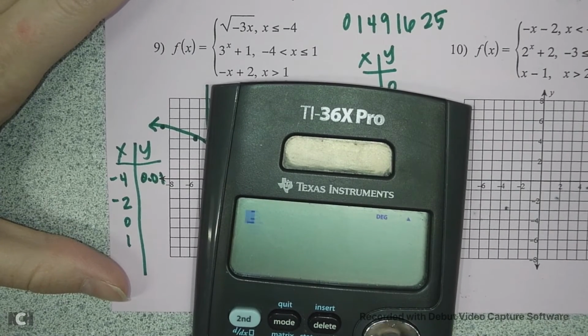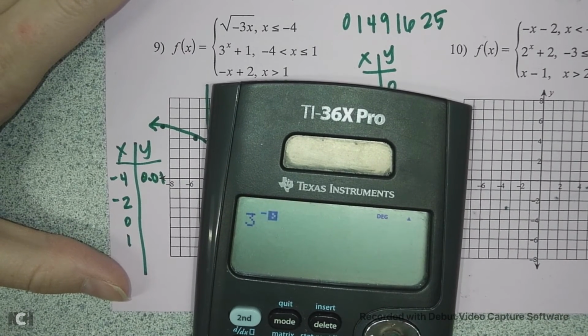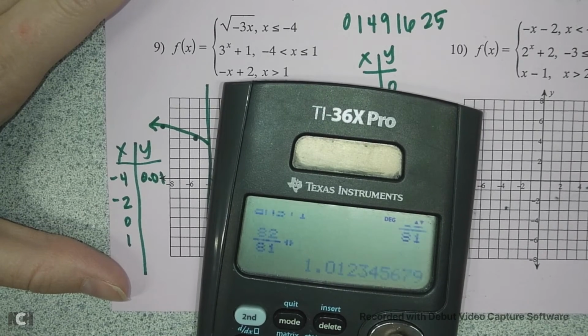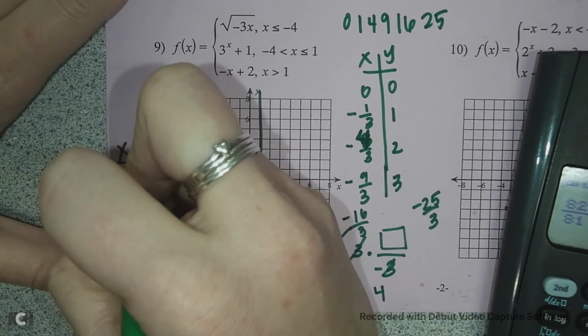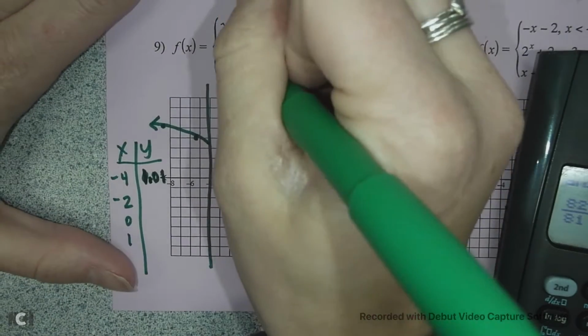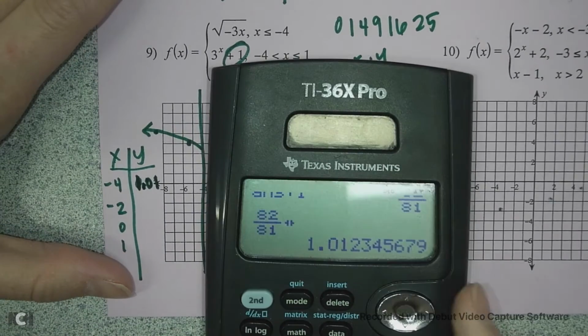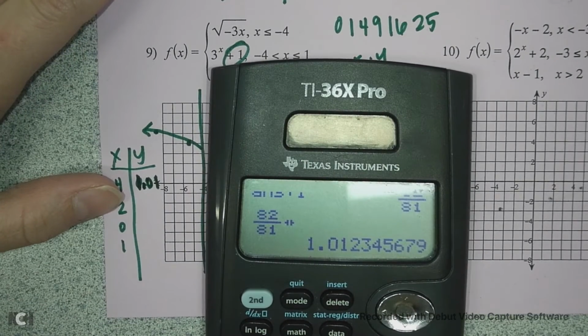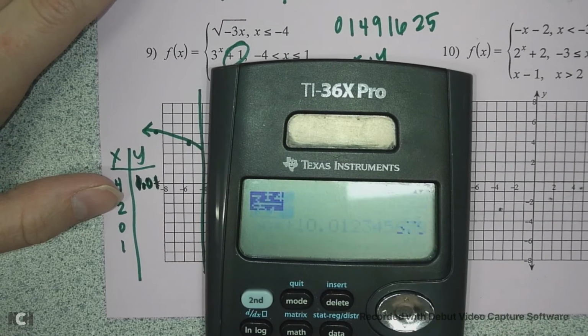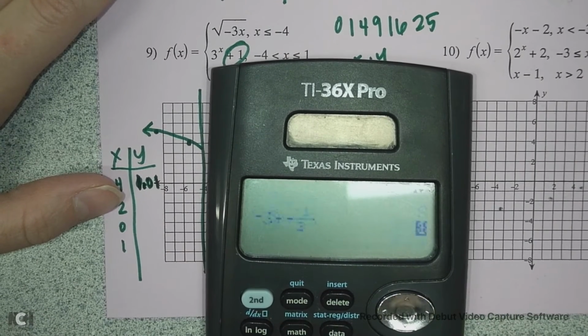3 to the -4. And then we're going to have to add 1 to that. 1.01. I forgot about that guy. Sorry, my bad. Okay, let's do it again. I just wanted to make sure. We're good.